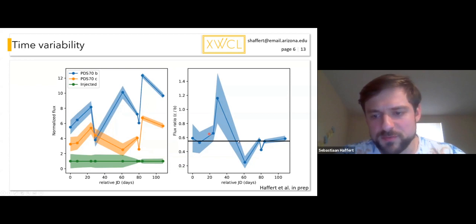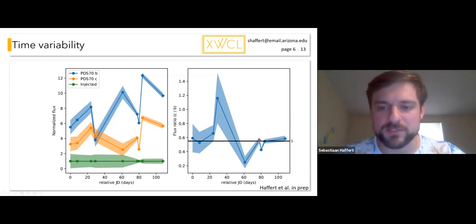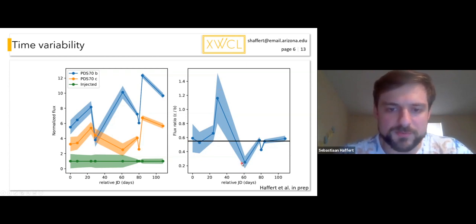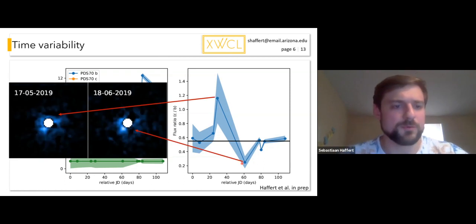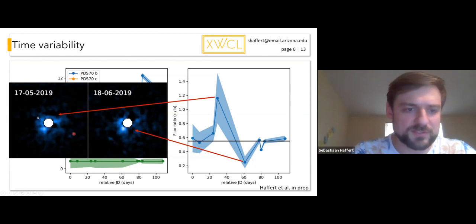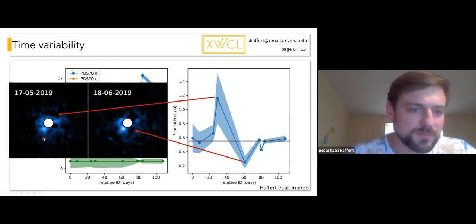As you can see, most of the points are actually very close to the initial flux ratio that we measured of about 0.5, 0.6. There are only 2 points that really deviate from this initial measurement. If we look back at those 2 epochs, in the first point that's deviating, we see that the quality is really poor.